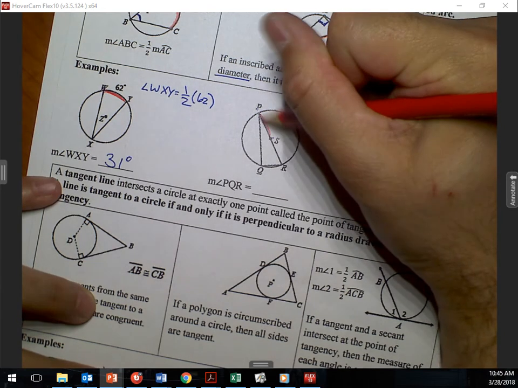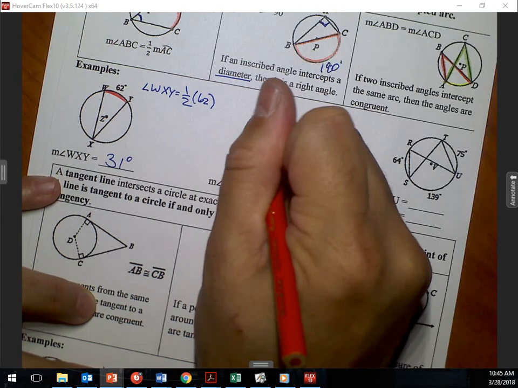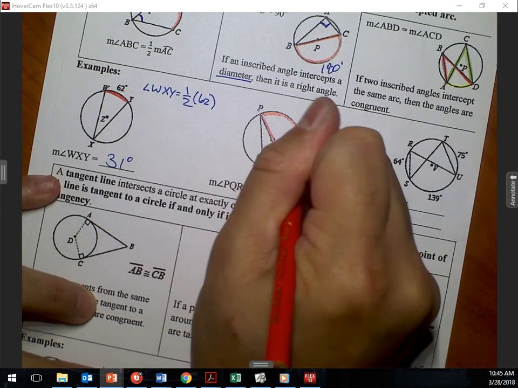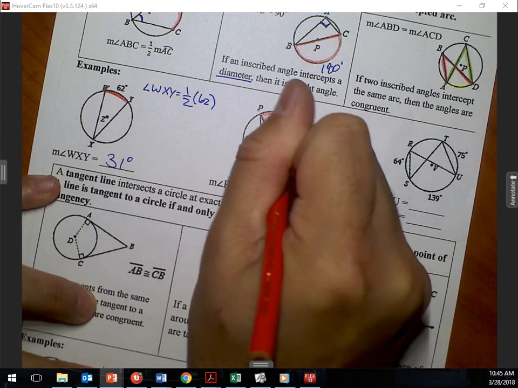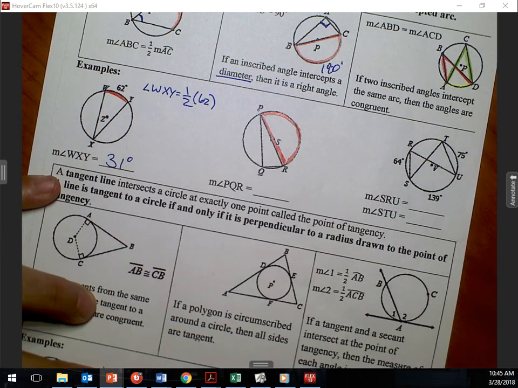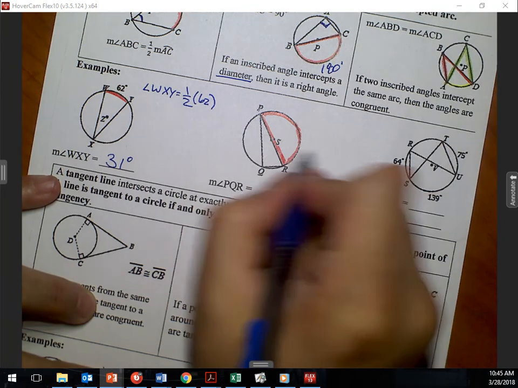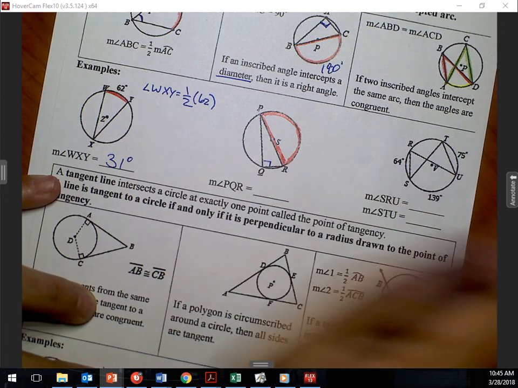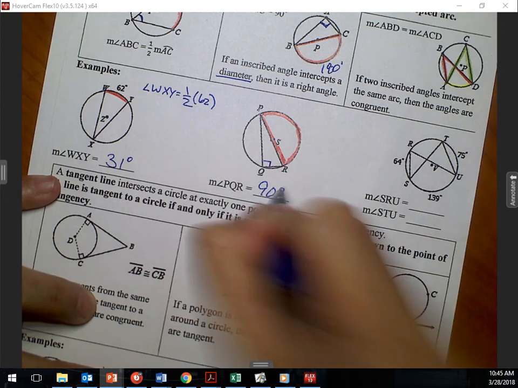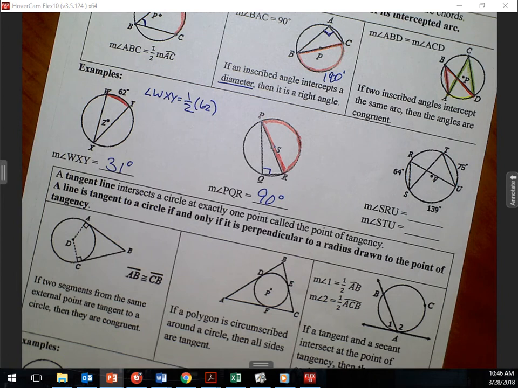So if that's the diameter, this side of the circle over here is 180. Very good. So that goes along with this. So therefore my angle Q over here has to be how much? 90. So there's really not much work to actually do from that.